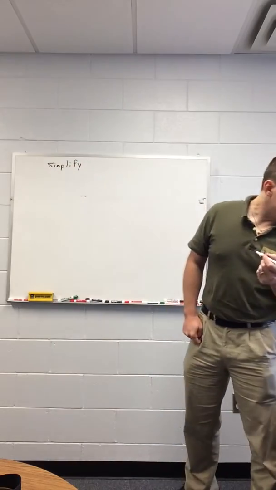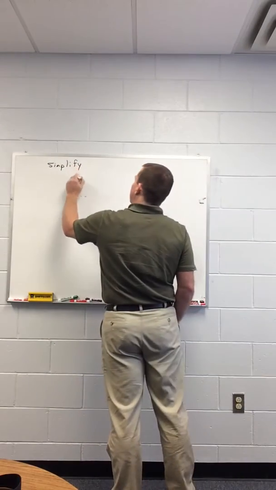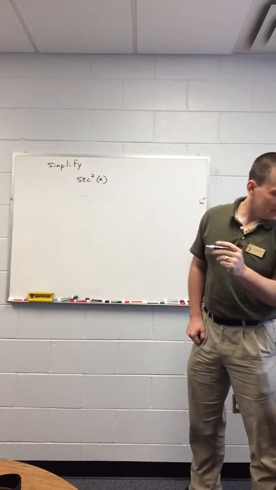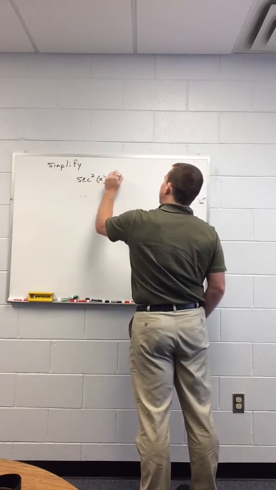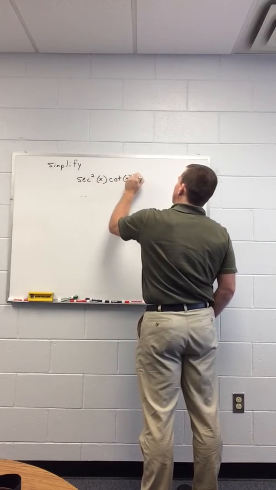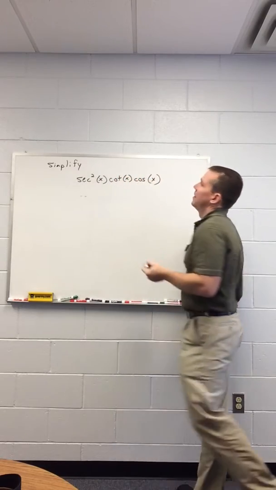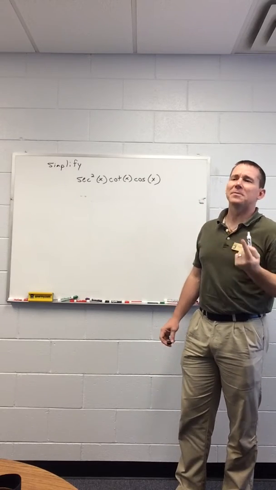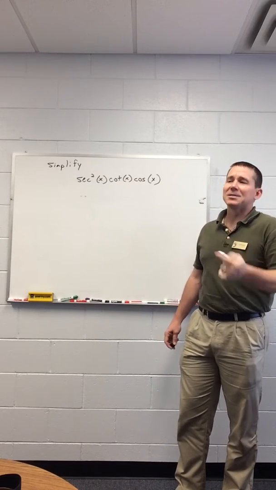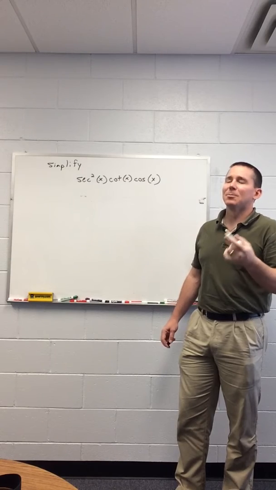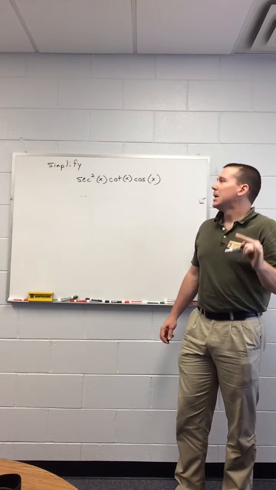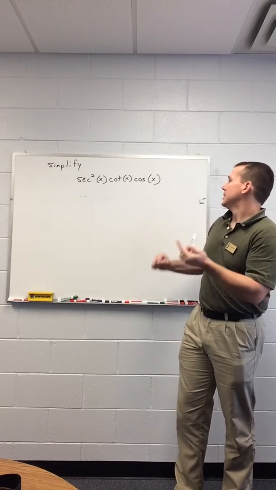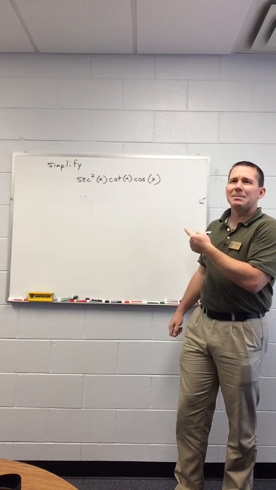We want to simplify secant squared x, cotangent x, cosine x. And just real clear, because we're going to do this algebraic stuff in several different ways, and in your book it'll appear different ways. Mathematically, when we say simplify, essentially what we mean is simplify maybe like a fraction.